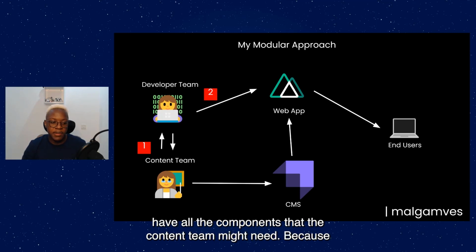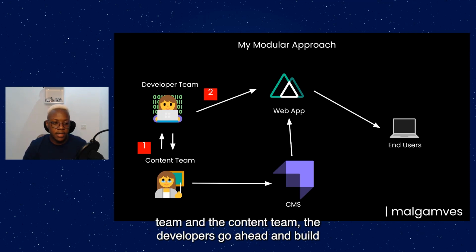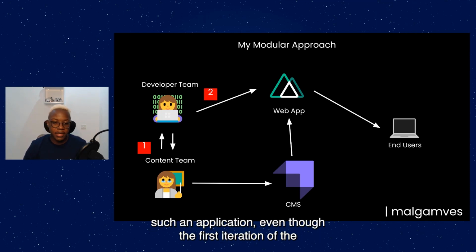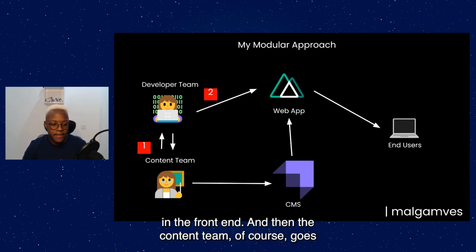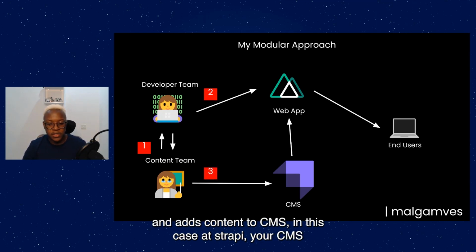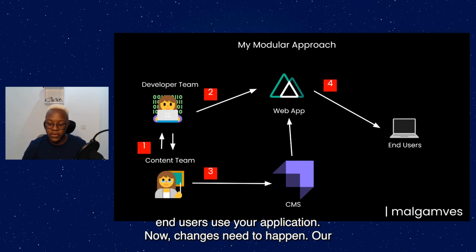So we have all the components that the content team might need, because we had that discussion between the developer team and the content team. The developers build such an application, even though the first iteration of the website doesn't use all those components. They still exist in the front end. And then the content team goes and adds content to your CMS. In this case, that's Strapi. Your CMS delivers that to your web app, and then from your web app, your end users use your application.